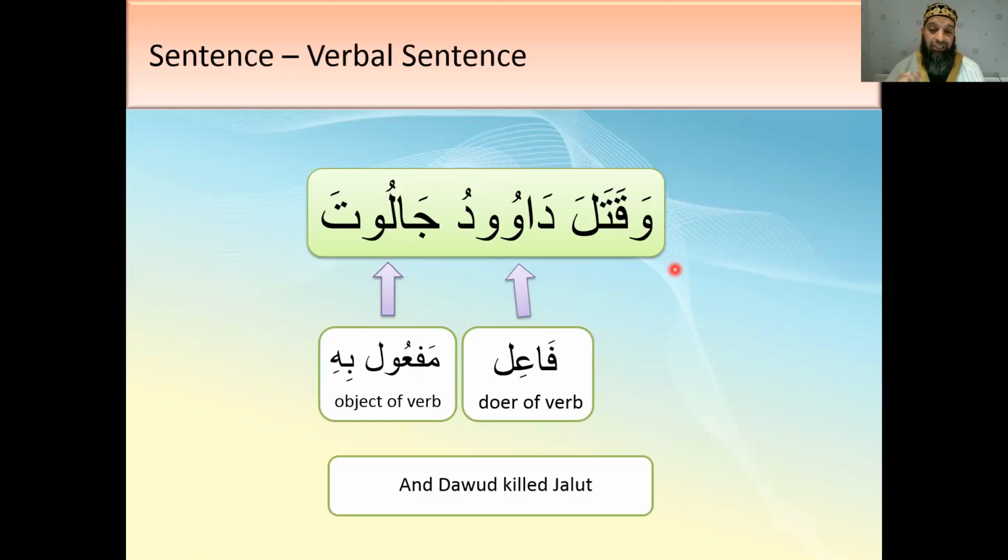A verbal sentence is a sentence that begins with a verb. In Arabic, you get mainly a nominal sentence, which starts off with a noun, and a verbal sentence, which starts off with a verb.